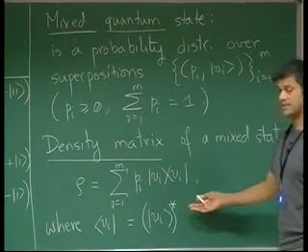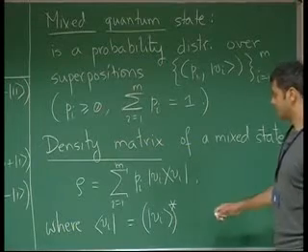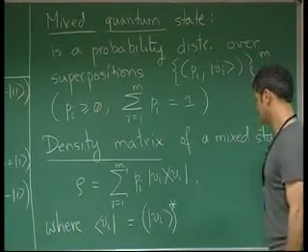So think of this as the row vector with the entries conjugated.